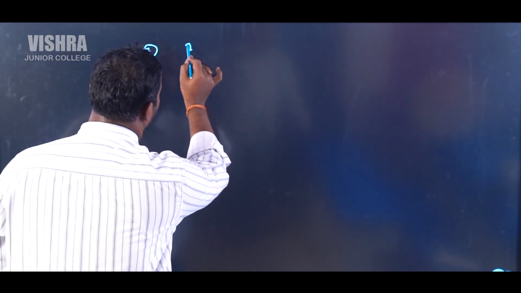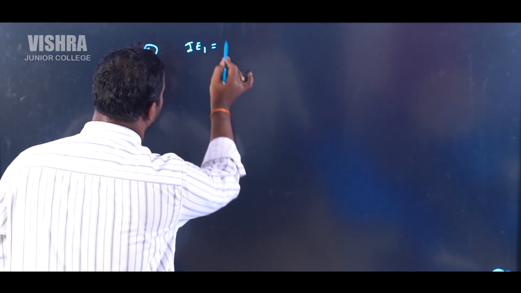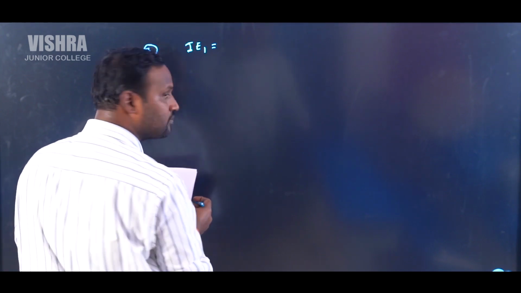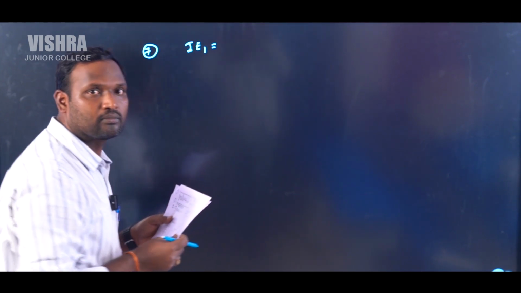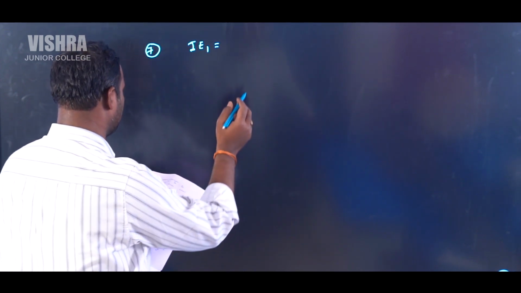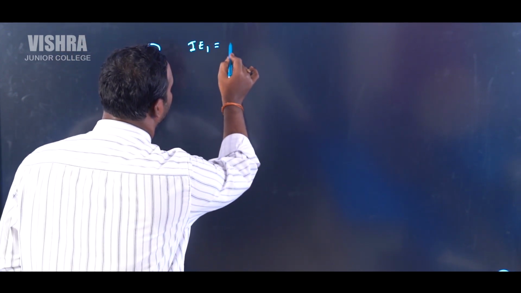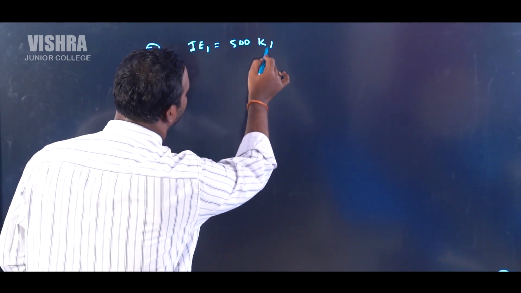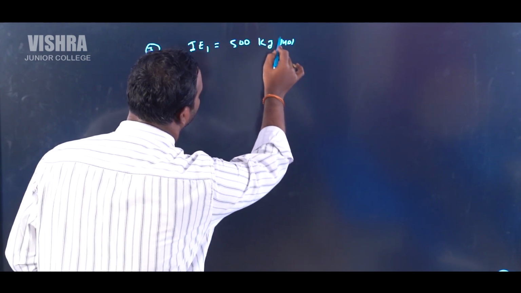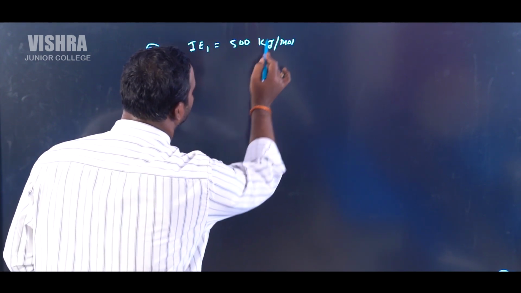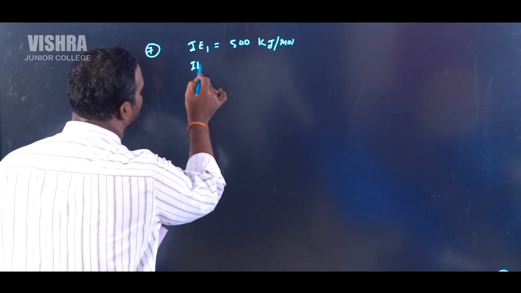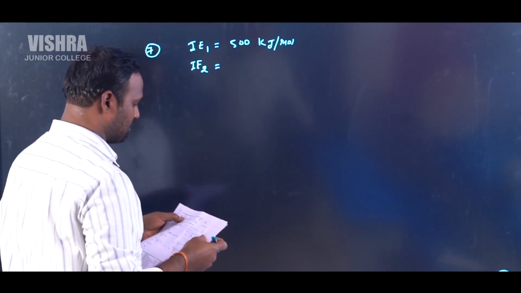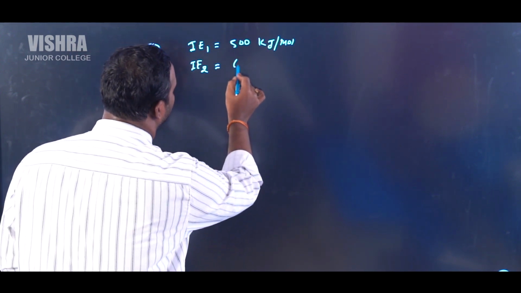I1 of the element is 500 kilojoule per mole. I2 of that element is 600 kilojoule per mole.